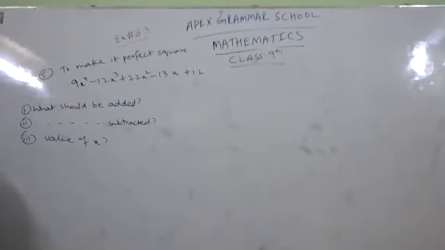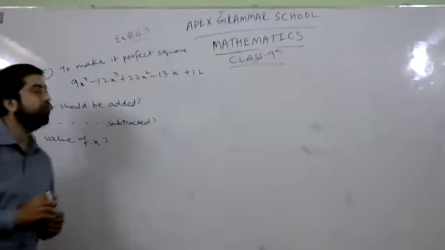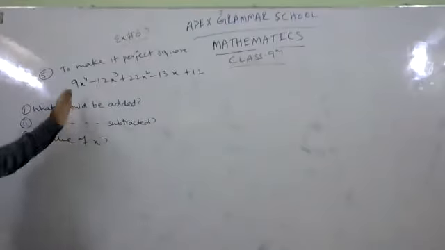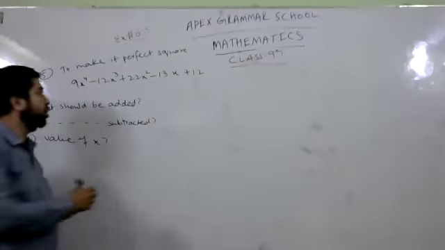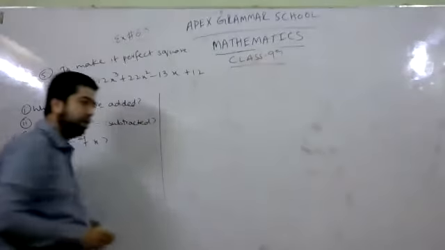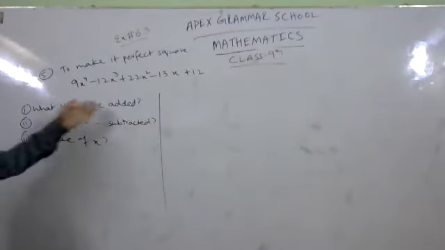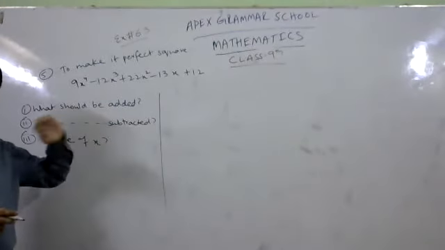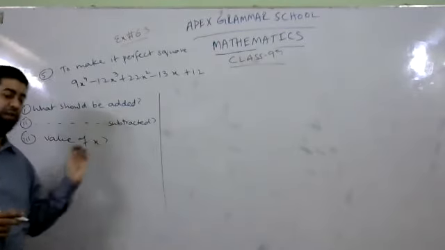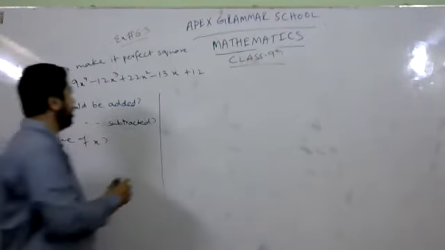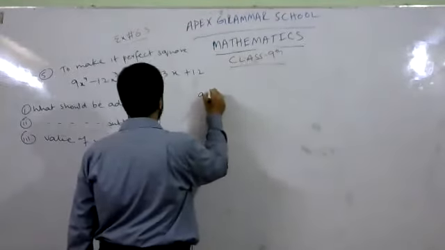These three things we need to find out. It means that this is not a perfect square, but we need to make it a perfect square. We need to say what should be added to make it a perfect square, what should be subtracted to make its remainder 0, and what should be the value of x. We have this expression.